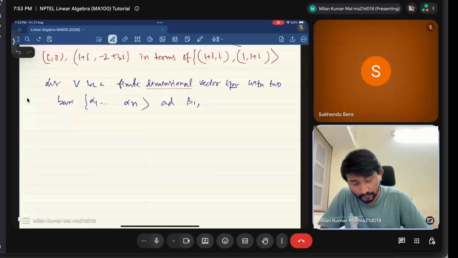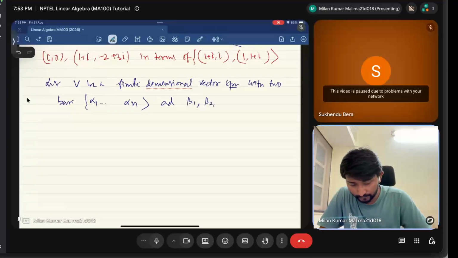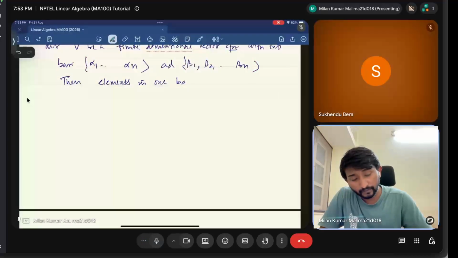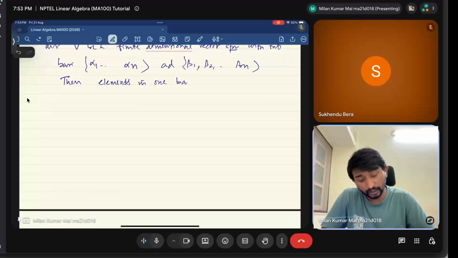Elements in one basis can be written in terms of the other basis. That means I can write alpha i as the summation of Pij beta j, with j from 1 to n. So in this way you can write alpha 1, alpha 2, alpha n.